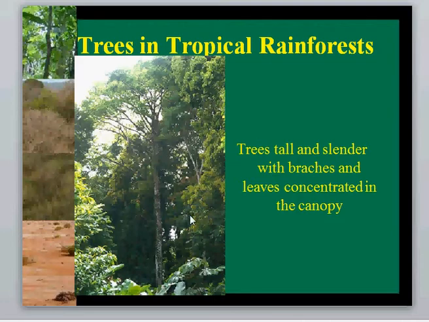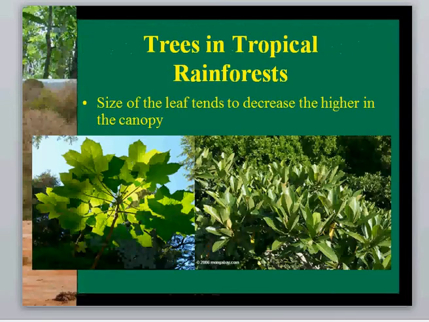Leaves of the trees in tropical rainforest change as you move from the ground level up into the canopy. Basically, the leaf size tends to get smaller, and the leaves tend to get thicker as you go upwards in the canopy. So at the bottom of the canopy, you will tend to find trees with very large leaves. The seedlings would have very large leaves.